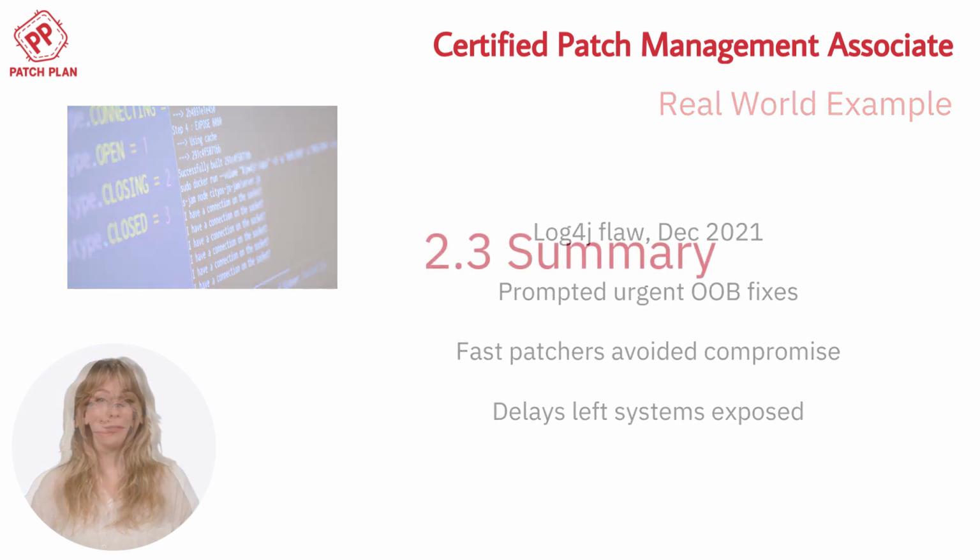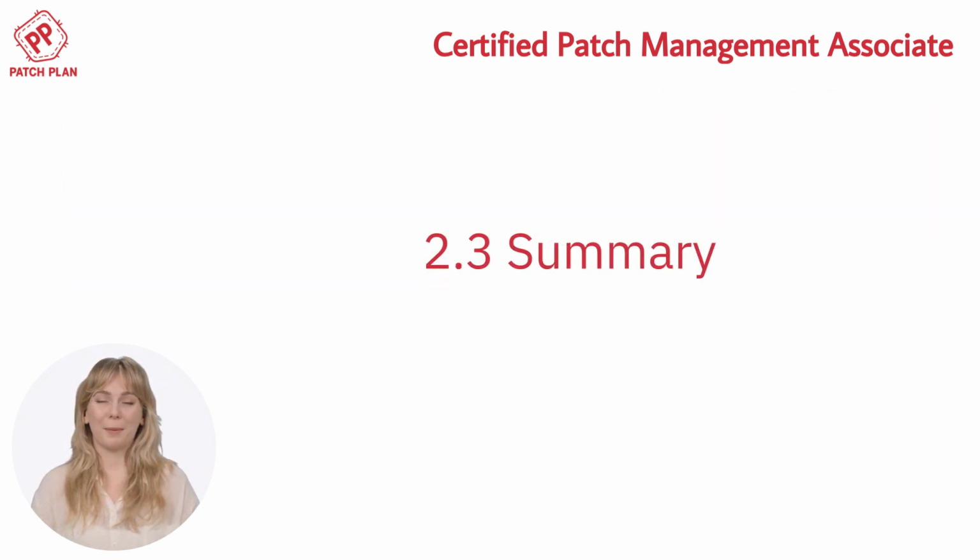Section 2.3 focused on out-of-band updates, patches released outside normal schedules to close urgent security gaps. We saw how attackers often develop exploits within days of a vulnerability being disclosed, leaving no time to wait for the next patch cycle. OOB updates are essential but challenging, bringing risks like downtime, limited testing, and resource strain.